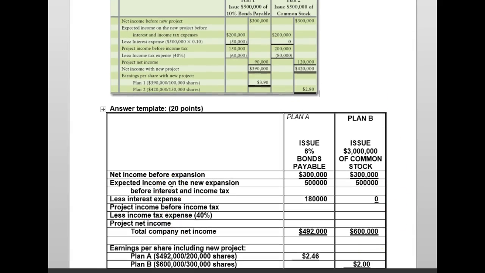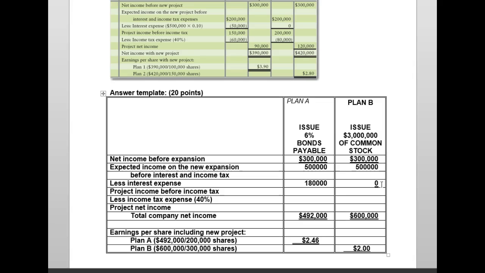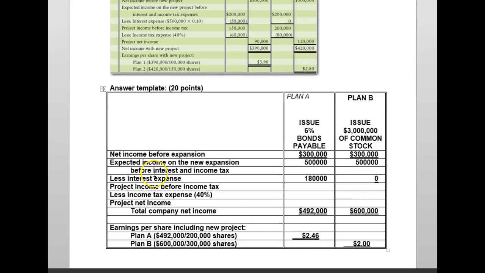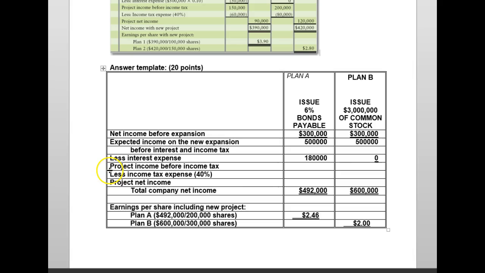They get an expected income of $500,000 from the new expansion. They have interest expense only with the bond, which is 6% of $3 million, which is $180,000. They have a projected income before tax.